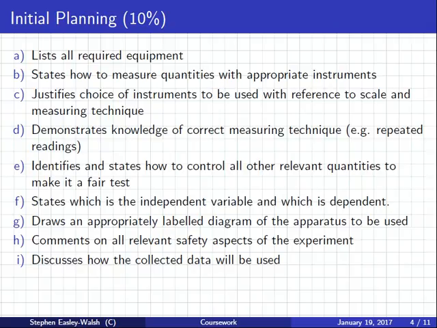You also need to talk about how the data will be used. For example, you need to say the u and the v will be used to calculate the a. The mass hanging will be used to calculate the force.